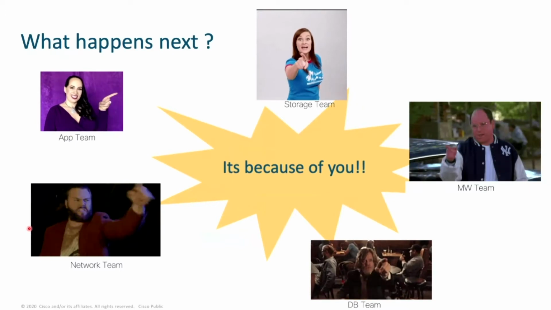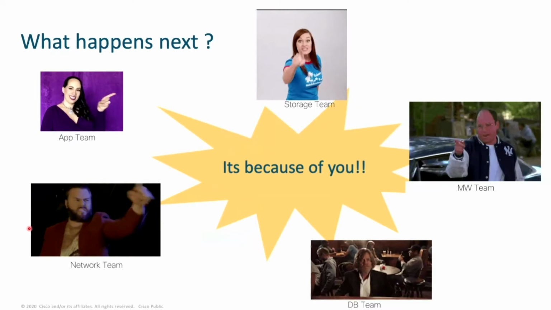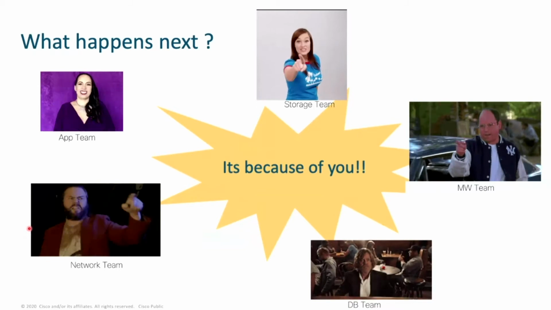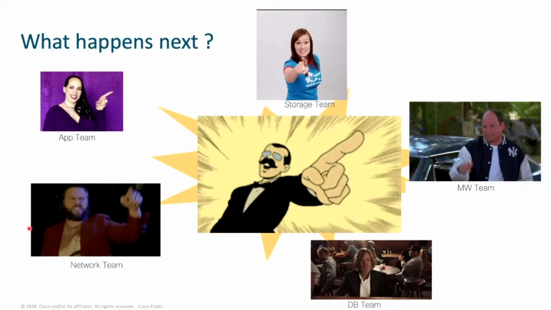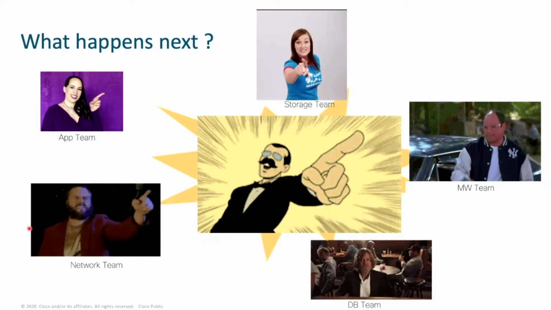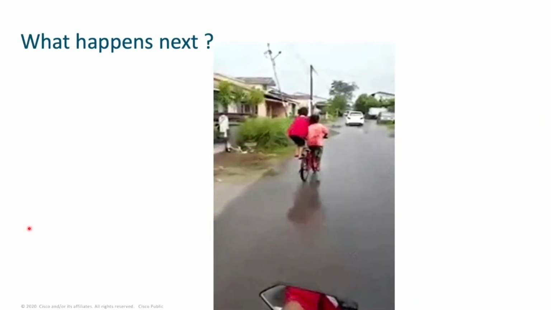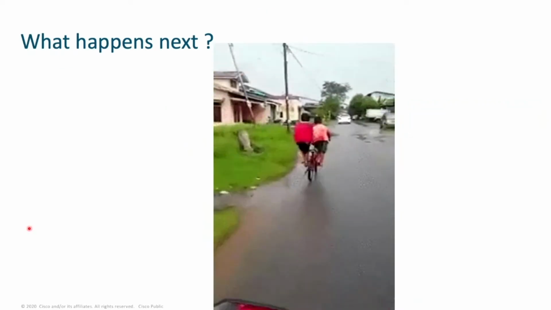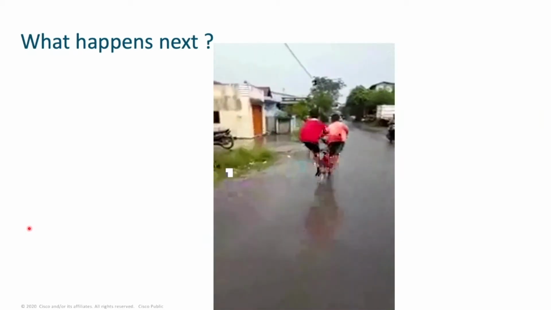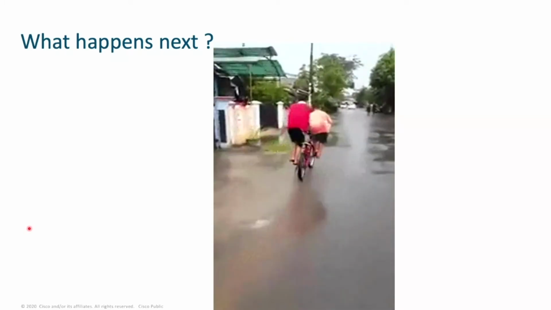Since it's a critical service, with some cost associated with the downtime of the service, there will definitely be a crisis call, and then the crisis manager understands the situation, takes charge, and makes all of the teams work together like this. Typically, this situation occurs at all customer environments, and this is just an explanation of how it looks.